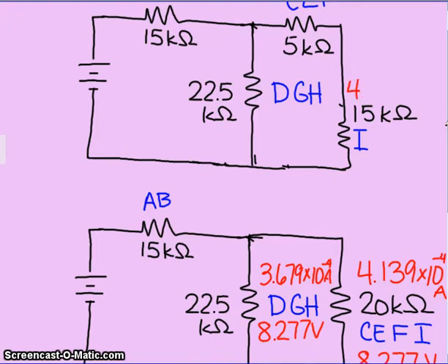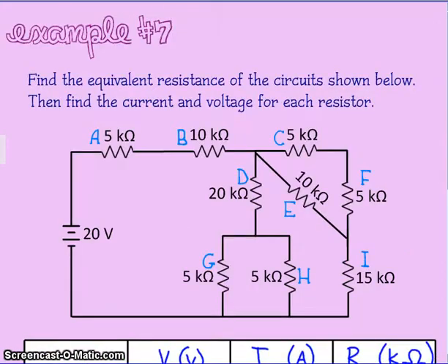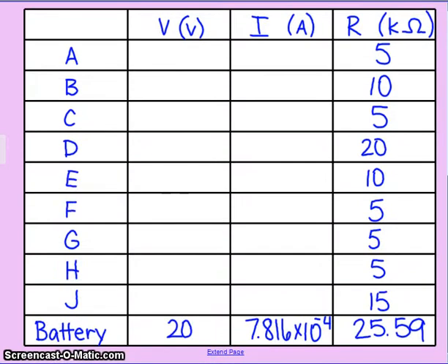In other words, their current is 4.139 times 10 to the negative fourth amps. Because I has only a single letter, it belongs in my final answer chart. So I'm going to write that number in this final answer chart.